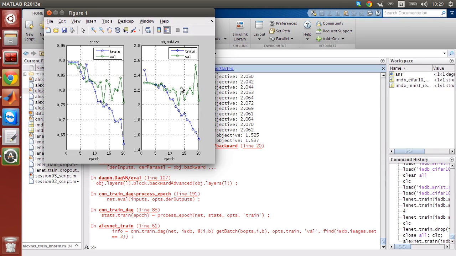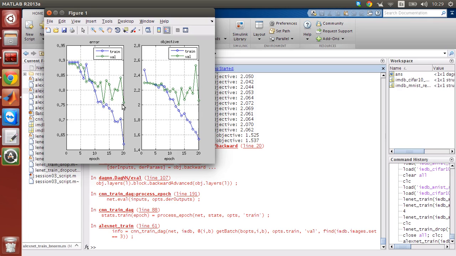So training AlexNet in CIFAR10, for the classification error we got around 65% of error for training, 75 in validation. So not too good, actually. And it was sort of expected.